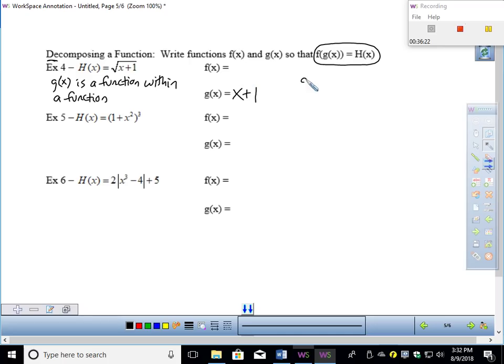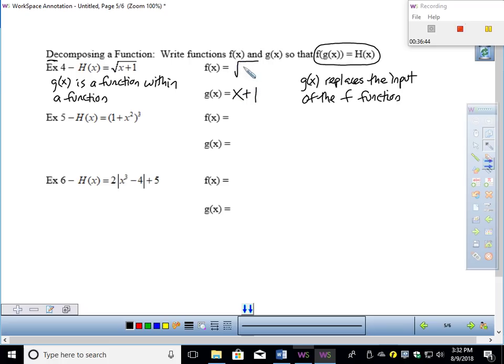So just remember that g of x replaces the input of the f function. So whatever g of x is, in the end, guys, all we have to do is think of it as, oh, that's just going to replace the input.